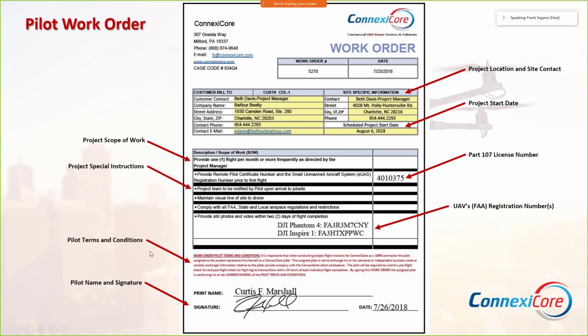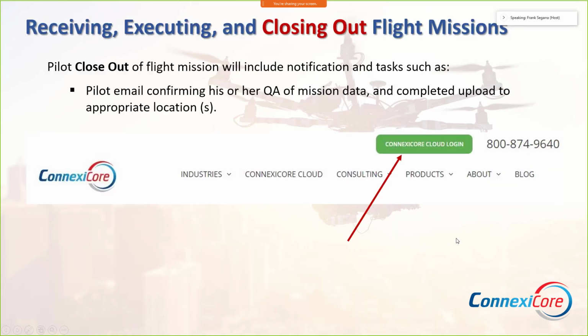And then at the bottom of the form, we have the work order terms and conditions, which is essentially a reiteration of our non-disclosure agreement. And once you review this, fill out your necessary spots, you sign it, you print your name on it, you email it back to us, and you're good to go. All horses are running and the project's yours, and we've started.